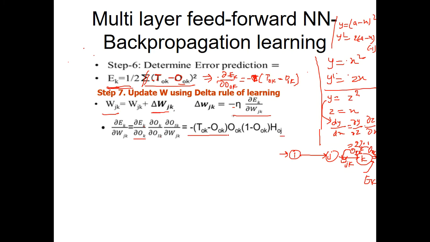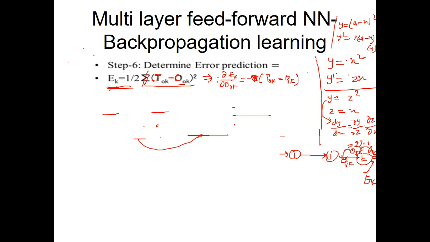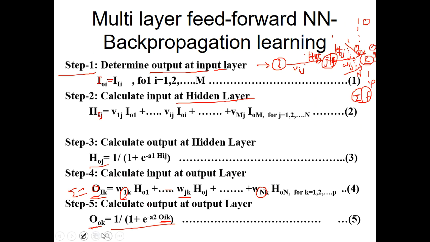So first this part from here. Now differentiate OOK with respect to OIK. If you recall the differentiation of the sigmoid function we had received, let me go back. It is a sigmoid function, right?